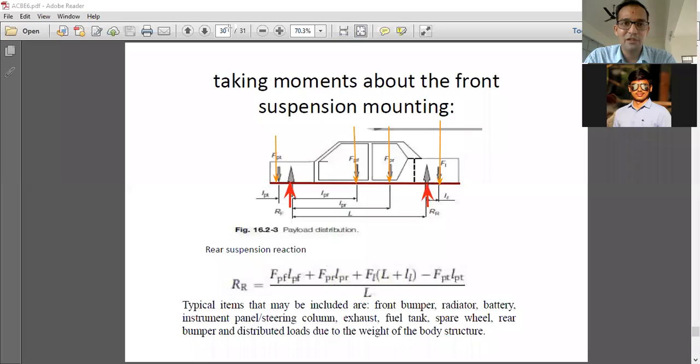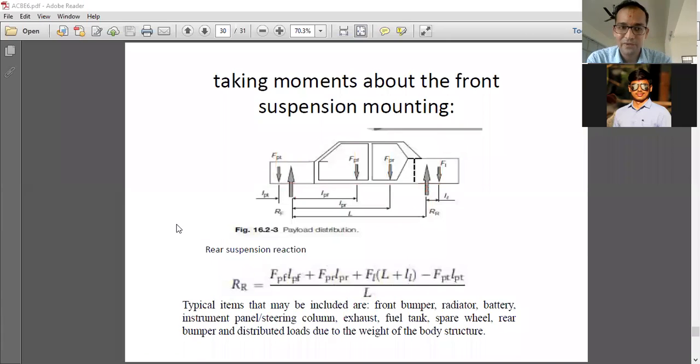Now there will be a question in students' minds: sir, how should we consider particular kinds of loads? Why? Because there are typical items available in the whole system. Which are those items when we observe the front or rear regions?